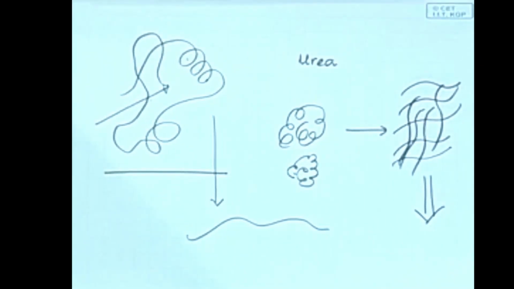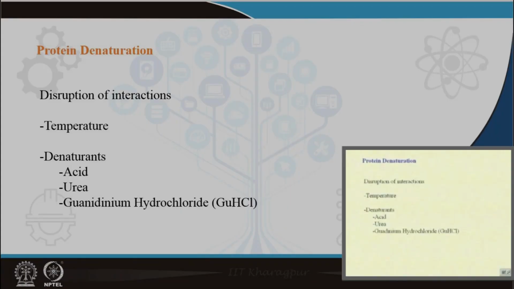By increasing the temperature. We can also add different denaturants. For example, acid. How is acid going to disrupt the interactions? Or we could add urea, or guanidinium hydrochloride.